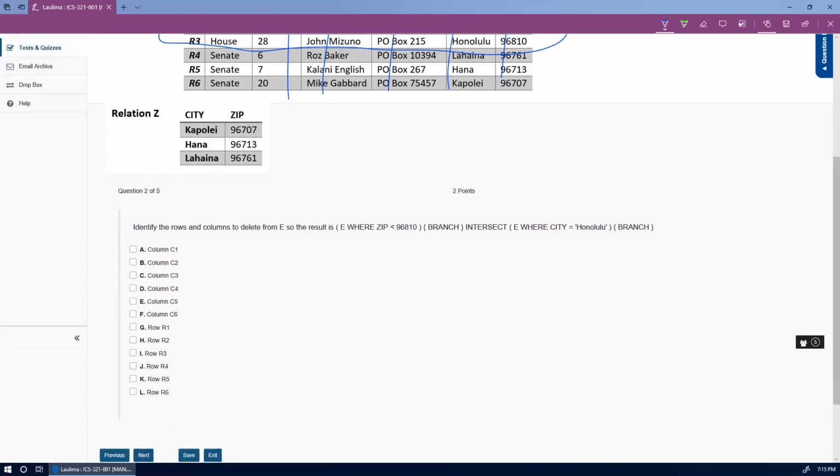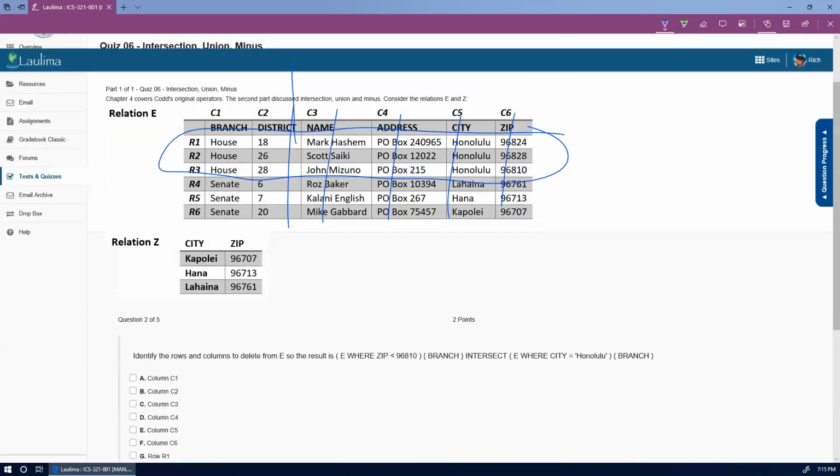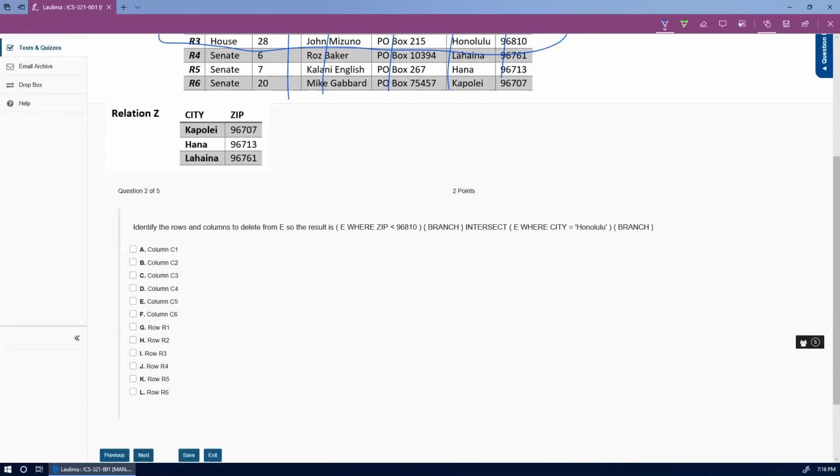So that would mean that we end up with just a heading, it looks like.